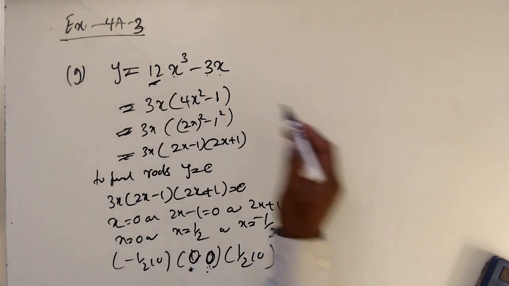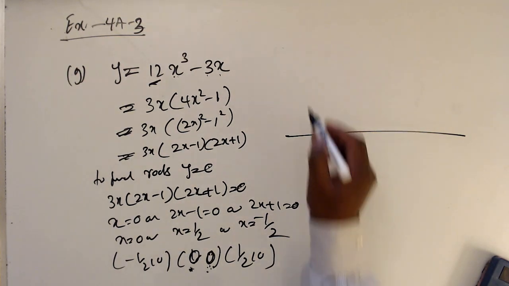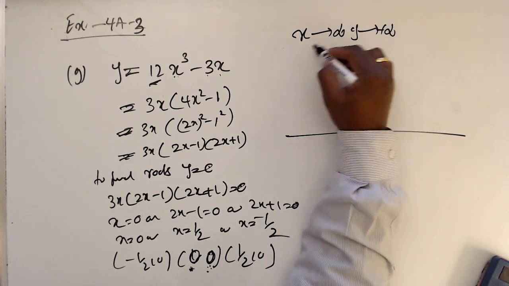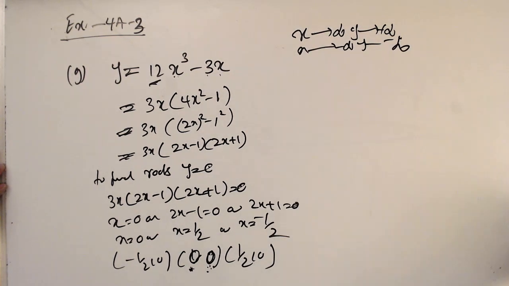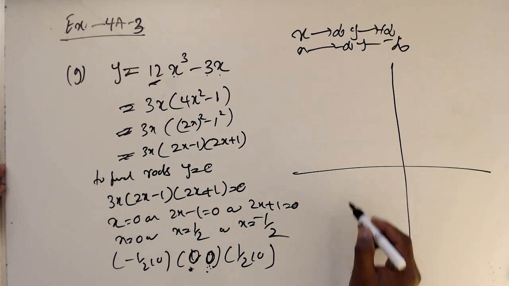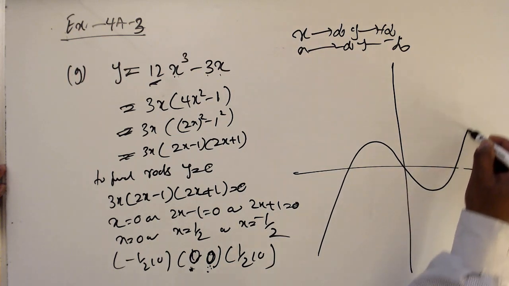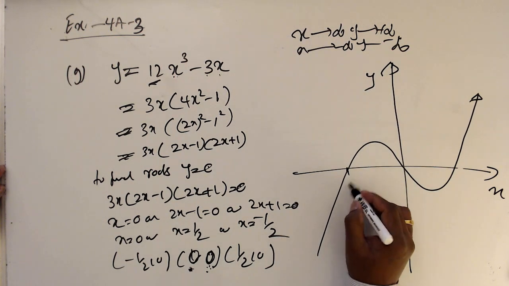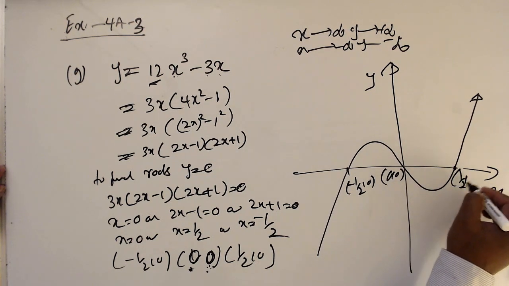And this is positive, so I'm expecting that as x goes to positive infinity, y goes to positive infinity, and as x goes to negative infinity, y goes to negative infinity. The roots are at −1/2, 0 and 1/2.